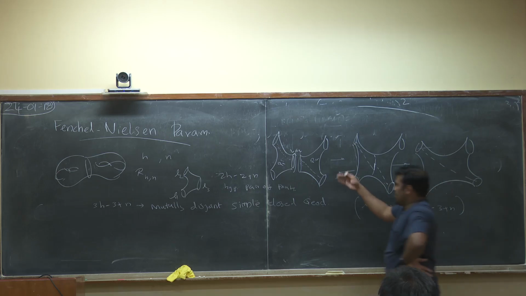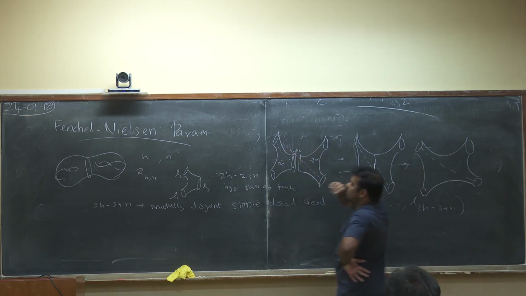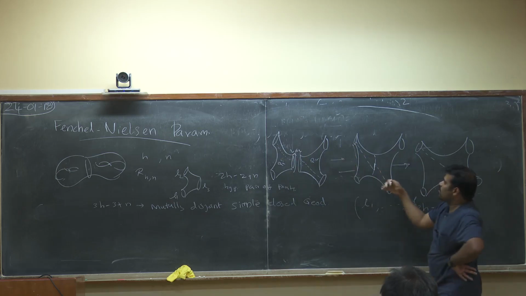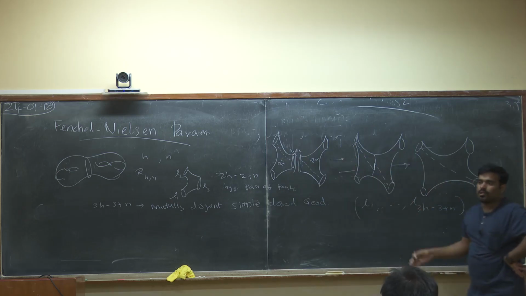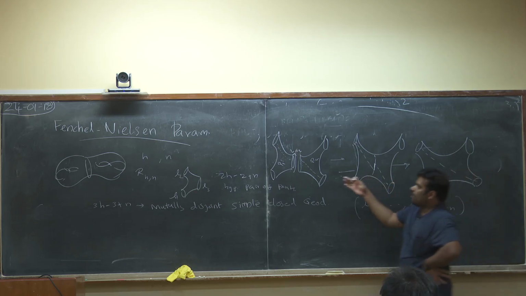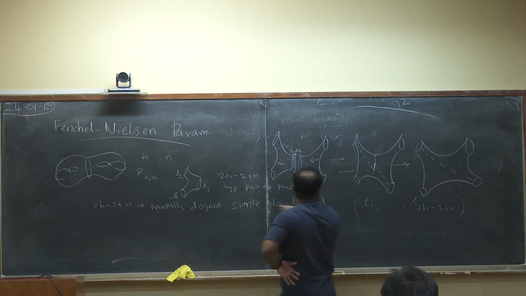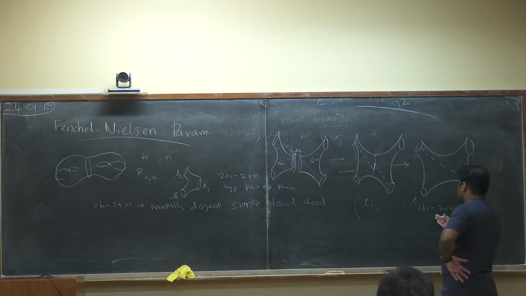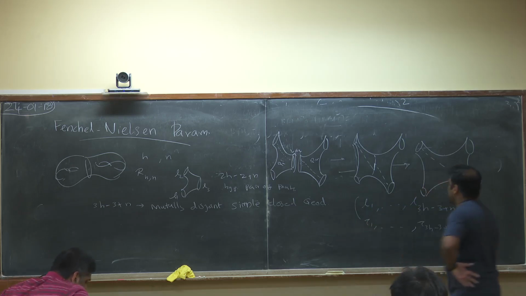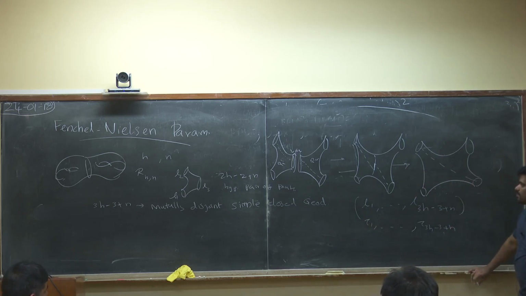So to begin with, this was studied by Fenchel and Nielsen by just studying the Fuchsian group. So this kind of cutting and gluing can be understood purely using group theory. And then you could do algebra and show that you have this many real parameters, L1 to L3h minus 3 plus n and tau 1 to tau 3h minus 3 plus n.